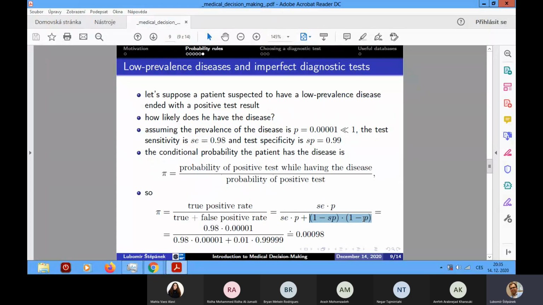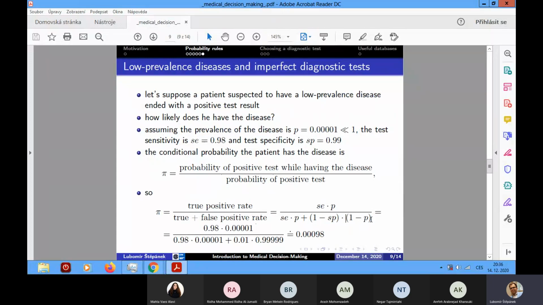And the second term in the denominator, just behind the plus sign, stands for false positive rate. What is important here? The false positive rate means that we have a patient with no disease, but still the test is going to return a false positive result.